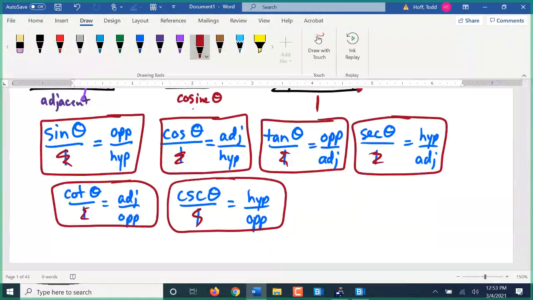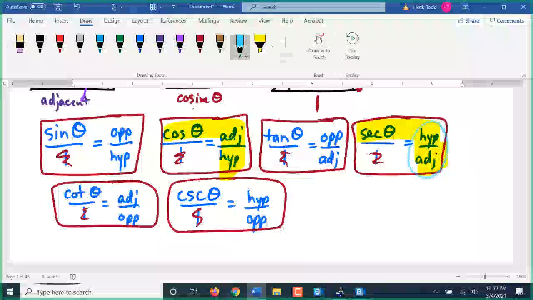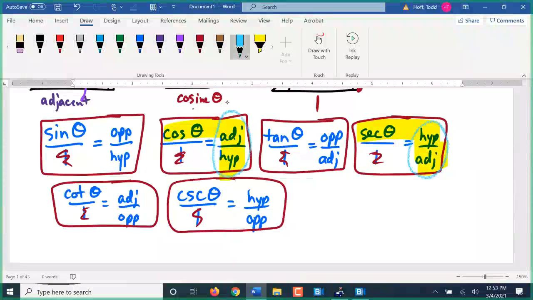One of the things I want to point out here is the relationship between secant and cosine. You'll notice the secant is the hypotenuse over the adjacent side, and the cosine is the adjacent side over the hypotenuse. Well, they're reciprocals of each other.